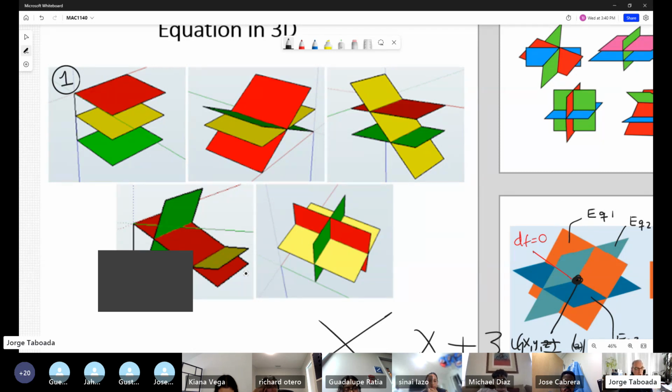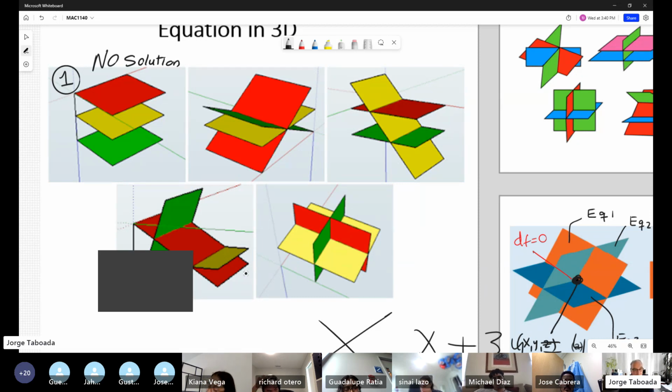No solution, very well. Could you explain why? Because they're parallel to each other. Exactly. And we have no common point between the planes. Remember, the planes, red, yellow, and green, represent 3 equations. And these equations have no common point. Therefore, no solution. Correct. Very well.